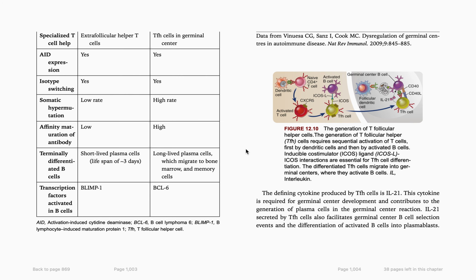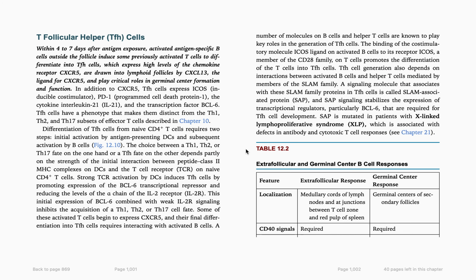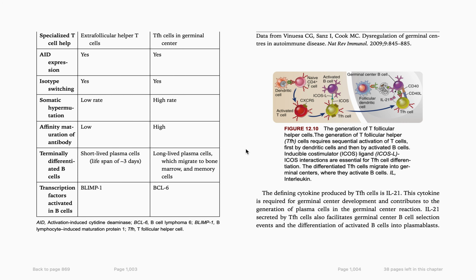Affinity maturation is low in the extrafollicular response compared with the germinal center. Terminally differentiated B cells are short-lived plasma cells in the extrafollicular response. The transcription factor is BLIMP1 in one and BCL6 in the other.